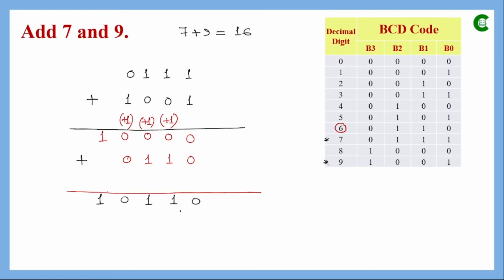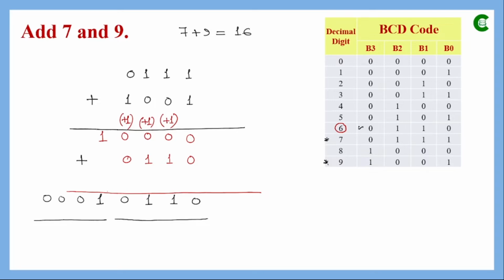So what will be the result of this BCD addition? We will split it into groups of 4 bits. In the first group we will have 0110, and in the second group we have only 1, which means we can think of 3 more zeros before that. So this will be the second group with these 4 bits. Now 0110, what is the equivalent decimal number?